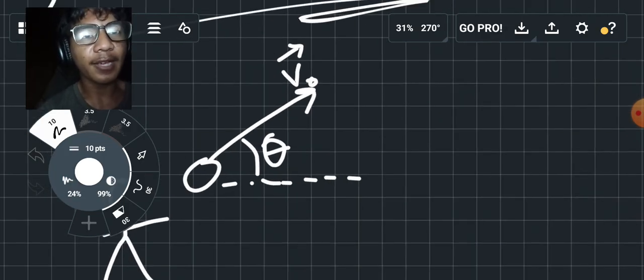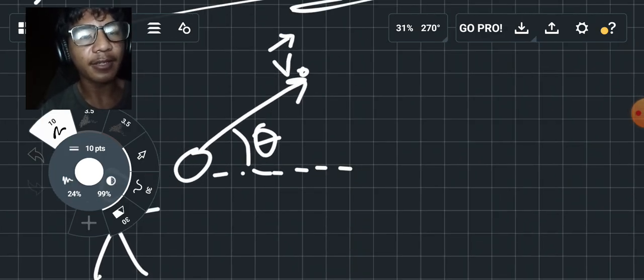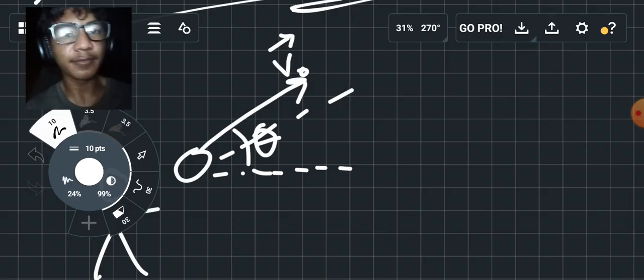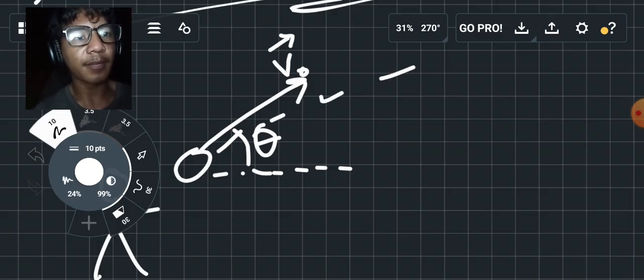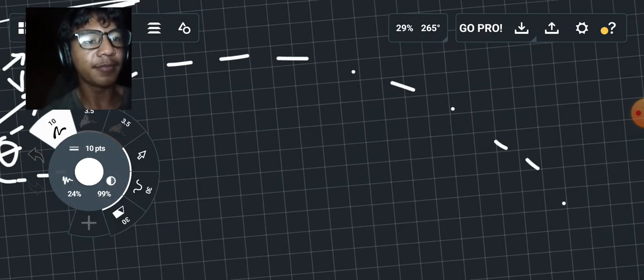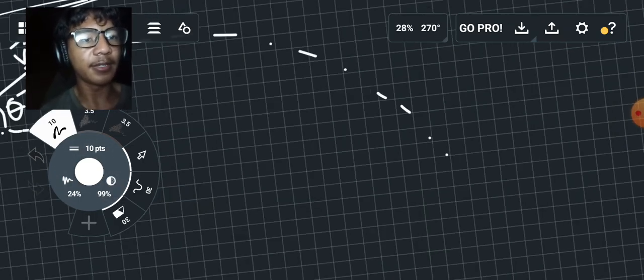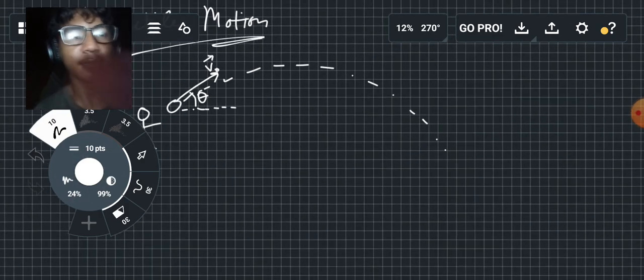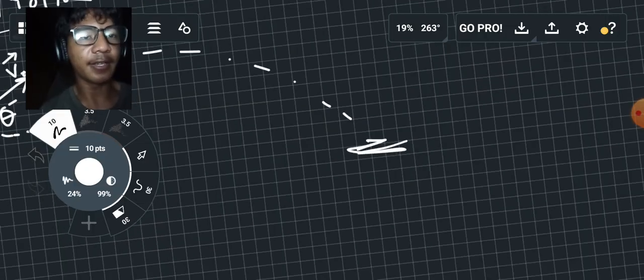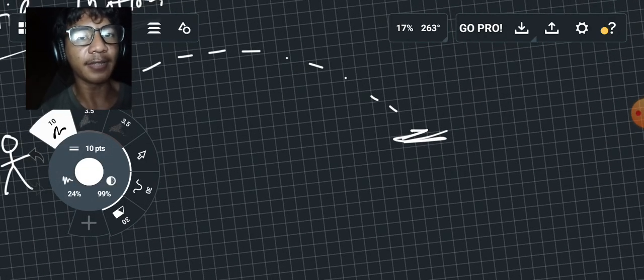Well, when you have an initial velocity like this, this ball or whatever object it is will travel in a parabola looking trajectory until it lands here or wherever this ground is.